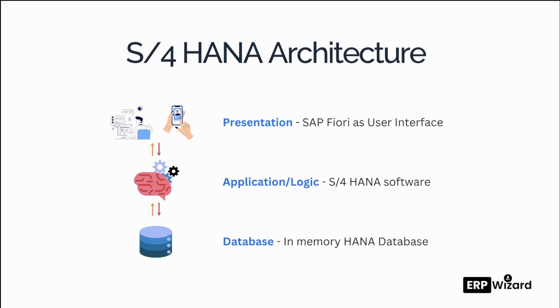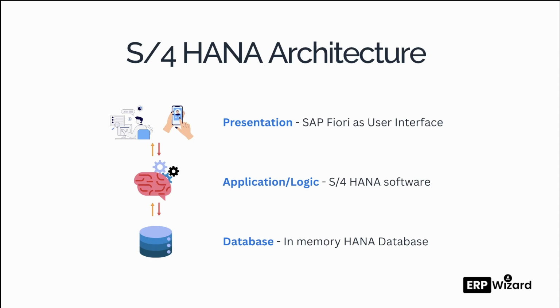Okay, let's look further and let's try to see how S4HANA system works. So in the earlier session we spoke about ERP and we had a look at the 3-layer diagram, right? So if we fit in S4HANA in the same diagram, you can see we still have the 3 different layers, but if I have to add a little bit of information for each of these layers, the presentation layer of S4HANA, it's called SAP Fiori.